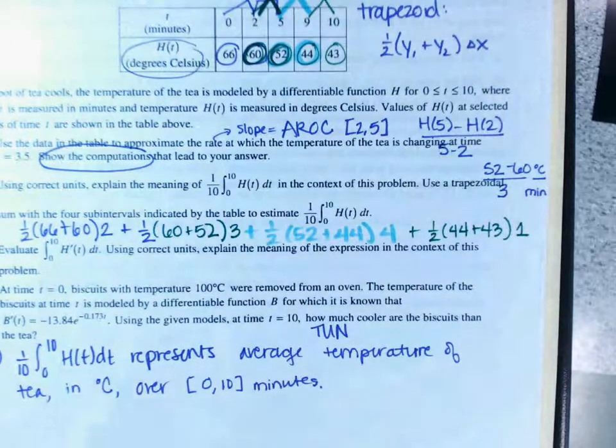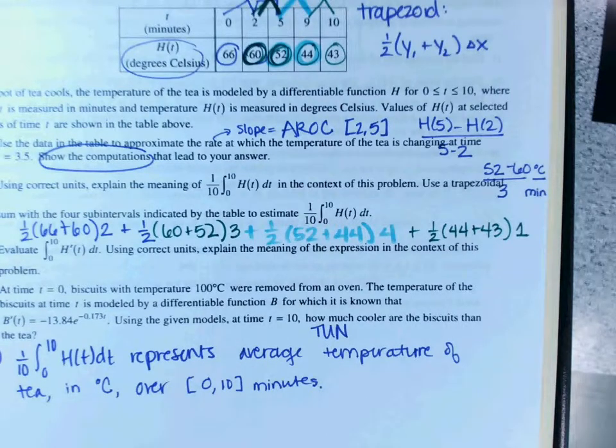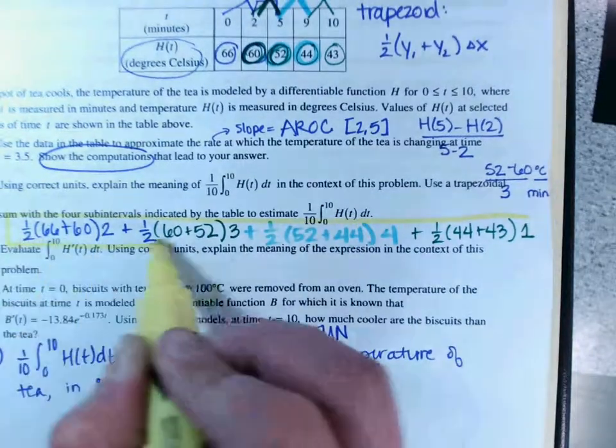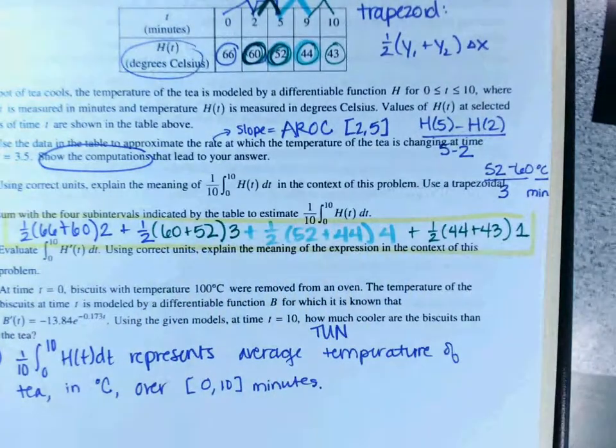Okay, so keep in mind that your area, if you were trying to figure that out, would be a trapezoidal sum. Now, if I leave it like that, I'm going to get it wrong. What am I missing that they asked me to find? All of this is an estimation of the integral portion.